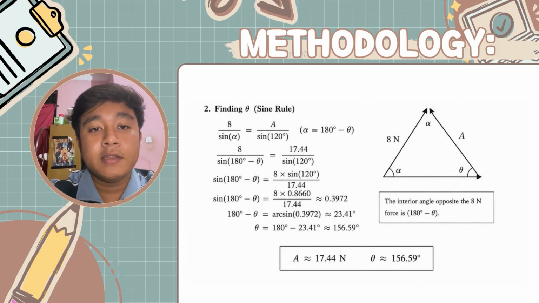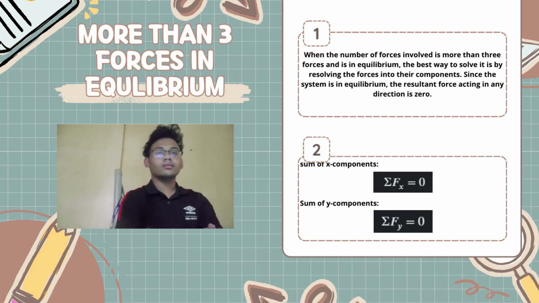Finally, theta equals 180 degrees minus 23.41 degrees. Theta is approximately 156.59 degrees.